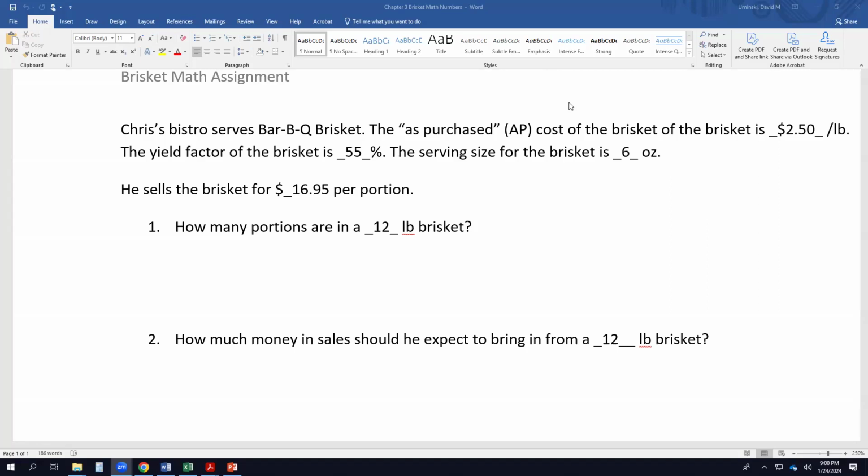What I want you to do on this piece of paper is, I've given you enough space in between each number that I want you to write out the formula.